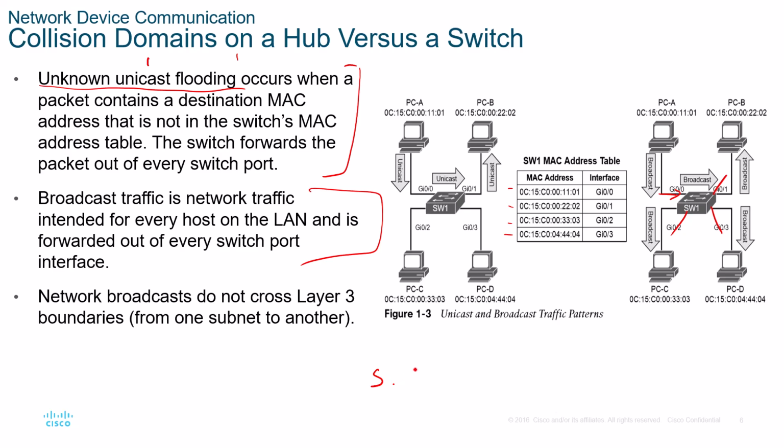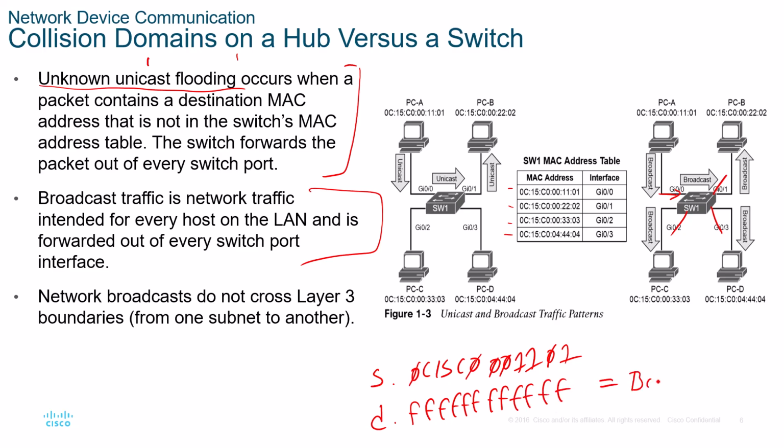So the source would be 0C15 0 or C0 00 11 01, destination, that's the broadcast address. That way the switch can receive it and go, oh, that's broadcast, out all ports.